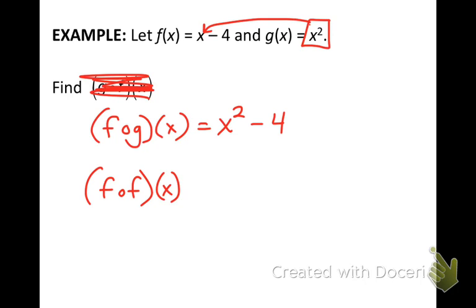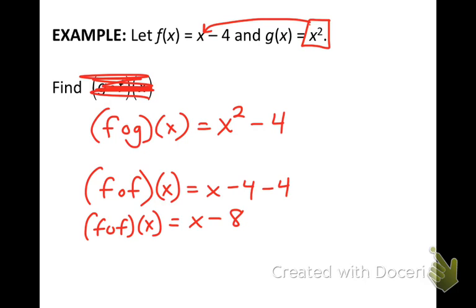Yeah, so I'm going to have an x minus 4 going in place of this. Now you have to bring down the rest of the function, which is another minus 4. So that would simplify to x minus 8. So f of f of x would be x minus 8.